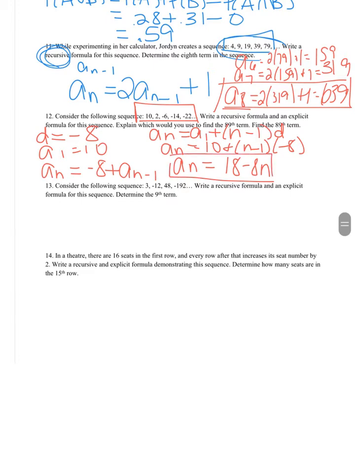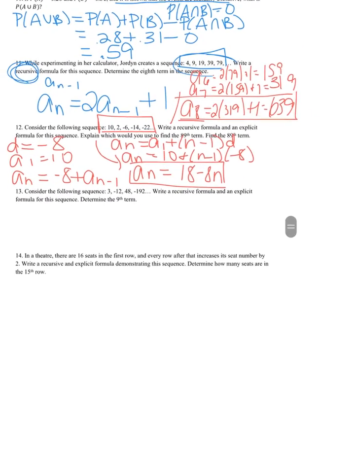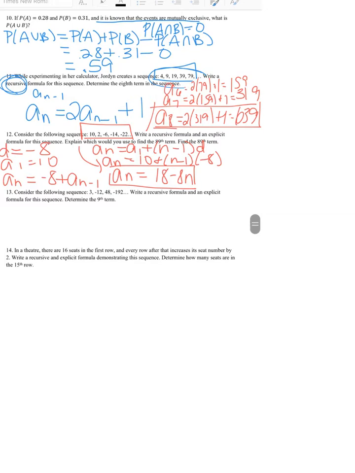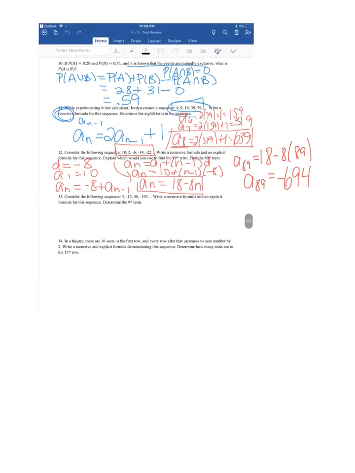I would use explicit for this, the reason being that I don't want to sit here and find 88 terms that came before it. So just use the explicit definition. Now find the 89th term. I would do A sub 89, and plug in 89 for n. So 18 minus 8 times 89 tells me that A sub 89 is equal to negative 694.